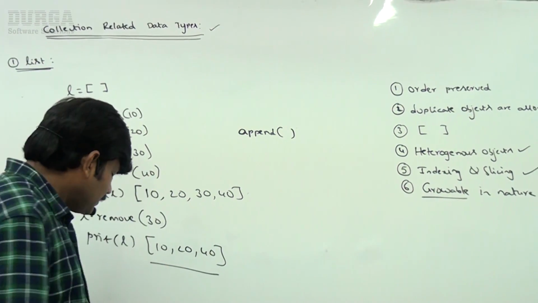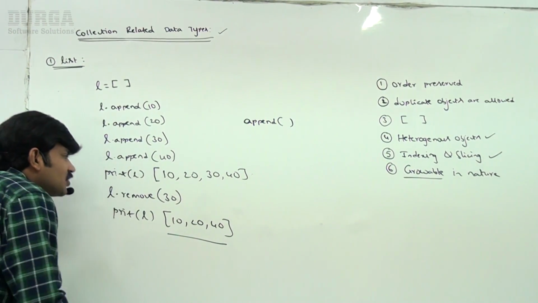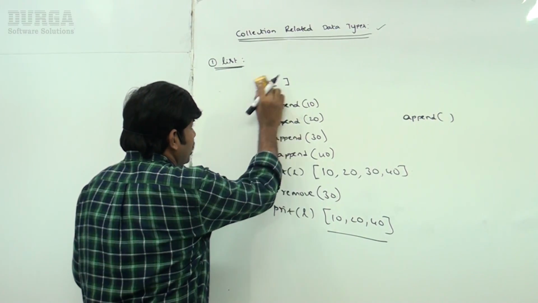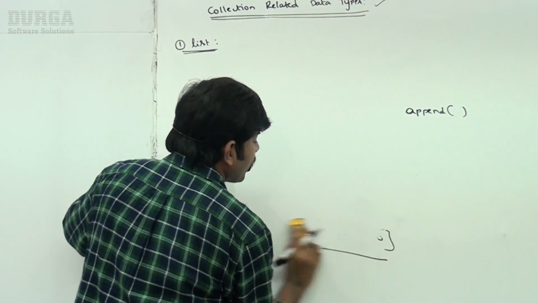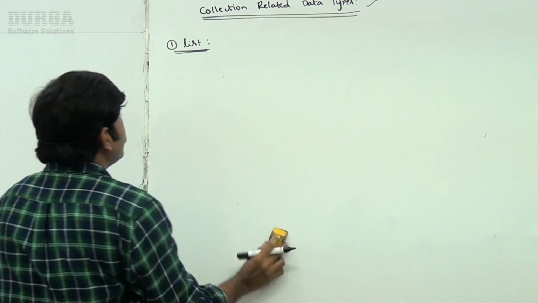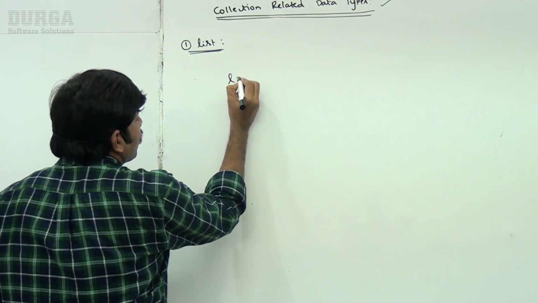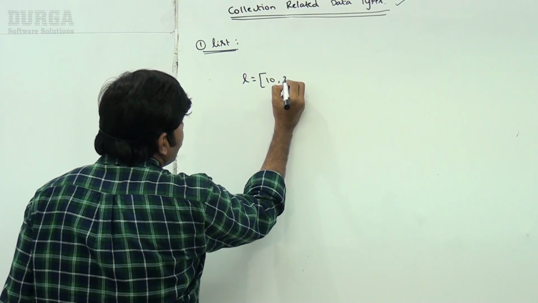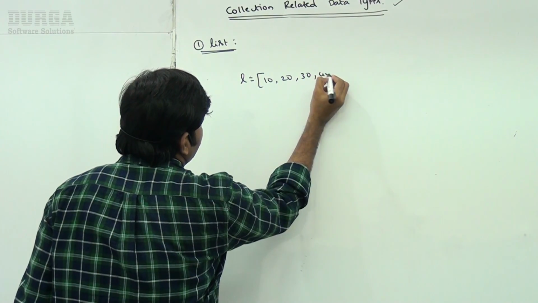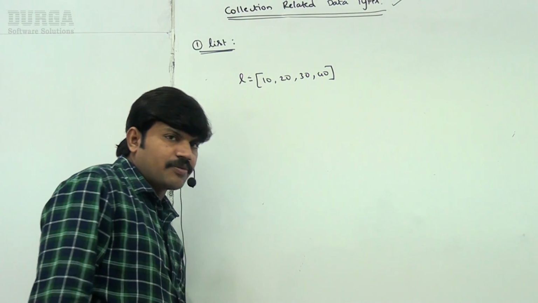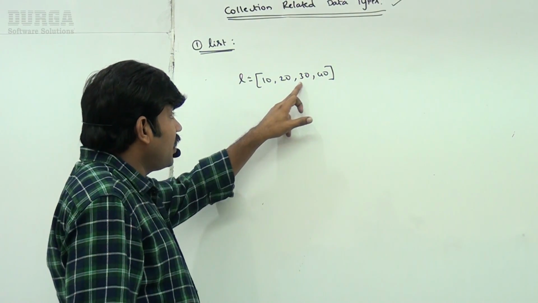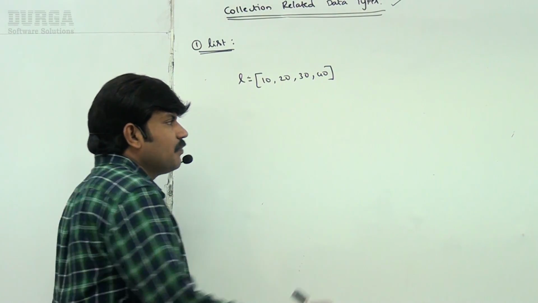One more last point related to list. Observe carefully this one. If I consider L is equal to 10, 20, 30, 40. I know the elements already at the beginning only.